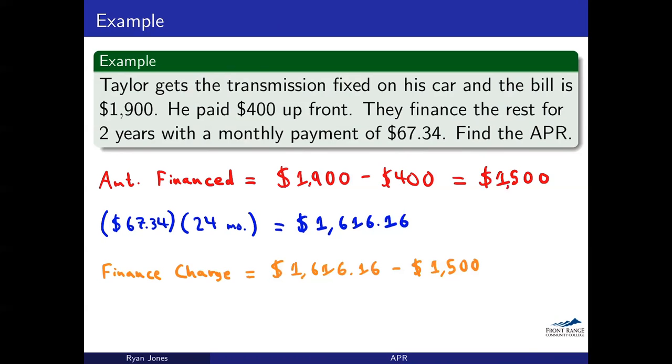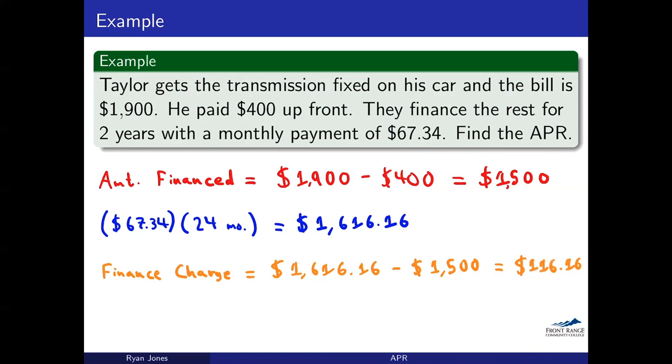So basically they're saying, hey, we'll let you borrow $1,500, but you're going to end up paying $1,616.16. He says, all right, that's fair, because I don't have that $1,500, I'm borrowing it. I'm going to pay $116.16 extra. And that is interest. That's a charge for financing.